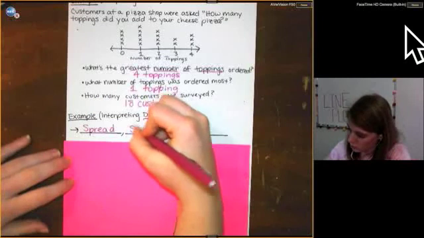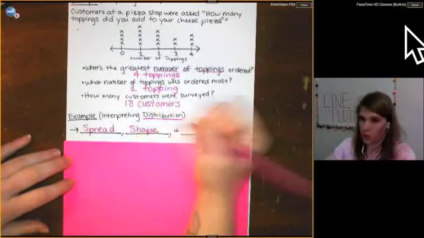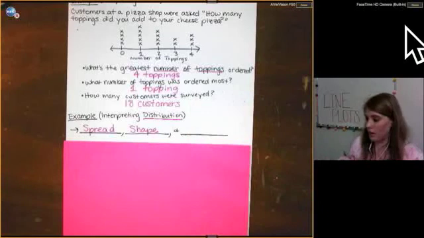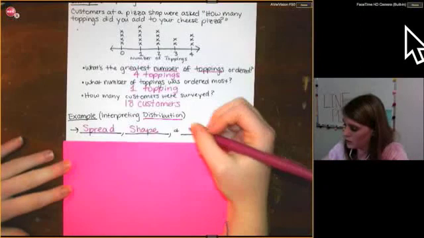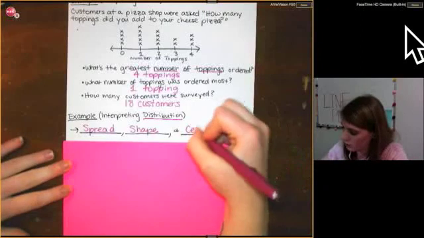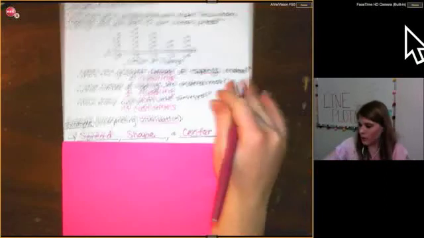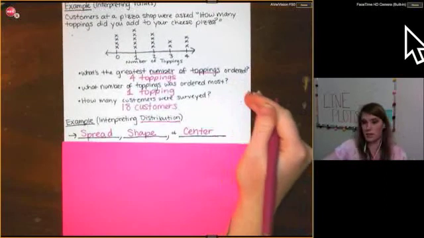The shape, where we're going to talk about some math vocab about the shape of a dot plot or a line plot, and the center. We know the center means the middle.